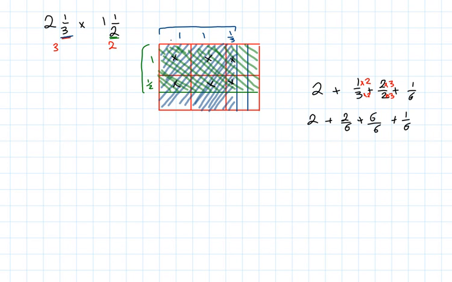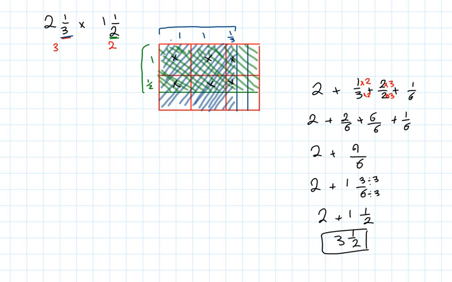You add all the fractions together, you end up with 2 plus 9 over 6, or 2 plus 1 and 3/6. You divide by 3, you end up with 2 plus 1.5. You add up the whole numbers, that's 3.5 is your final answer. Okay.